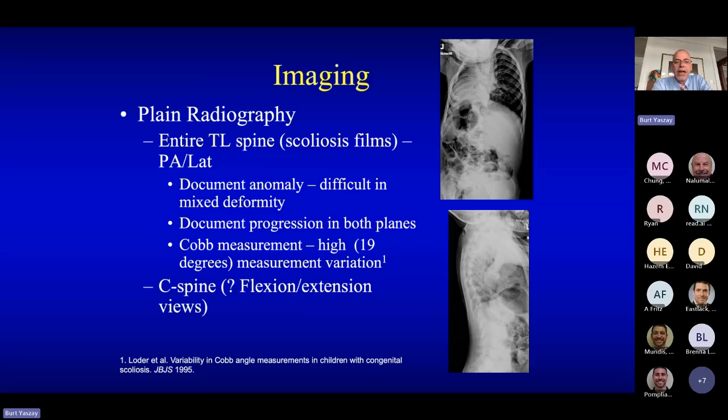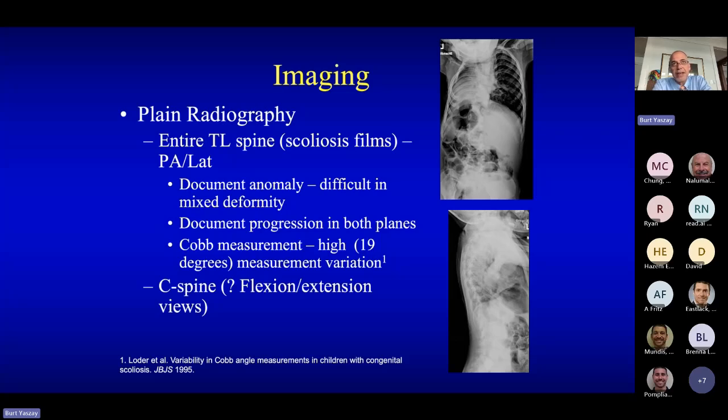In terms of imaging, plain radiographs start, and for us these are all scoliosis films, so I want to see the entire spine. Remember that the entire spine, and talking to spine surgeons this should be obvious, includes the cervical spine.